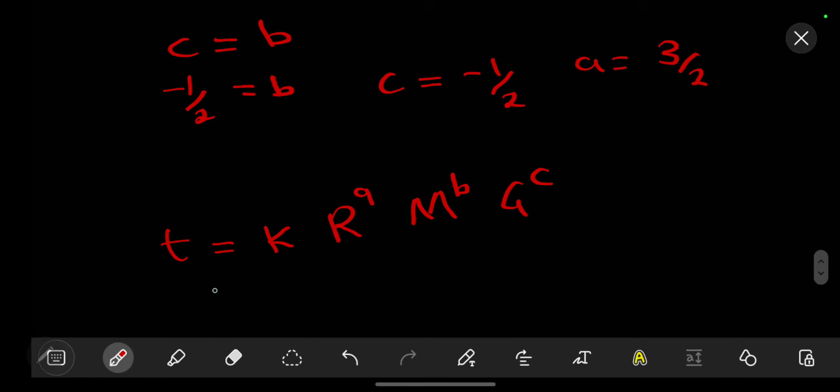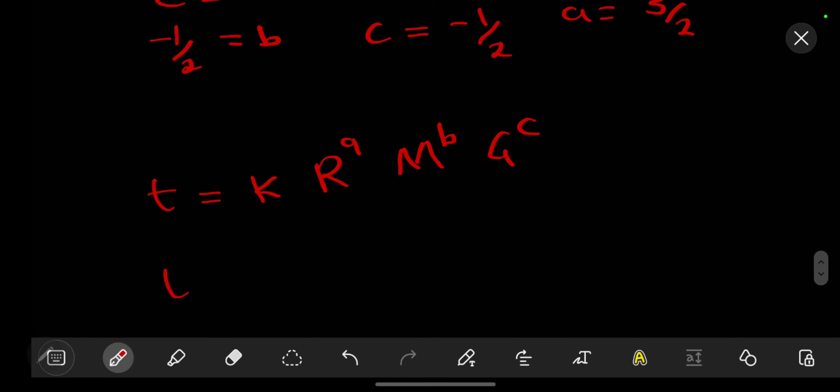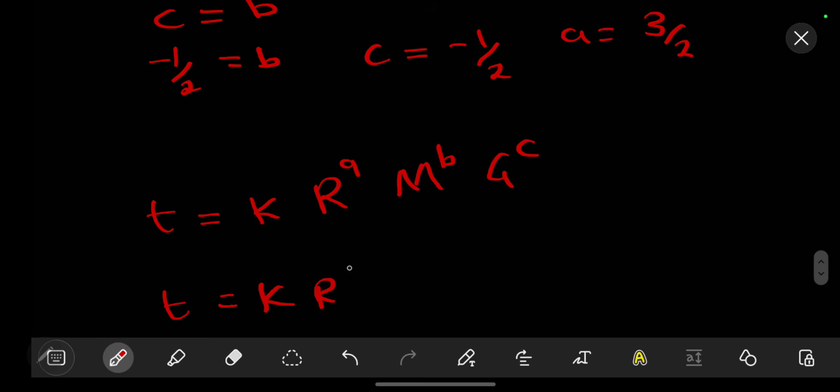So we are going to have our t should be equal to k r, where there is a we put 3 over 2, m, where there is b we put negative half, then g, where there is c we put negative half.